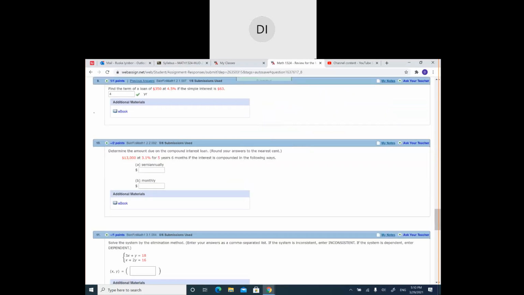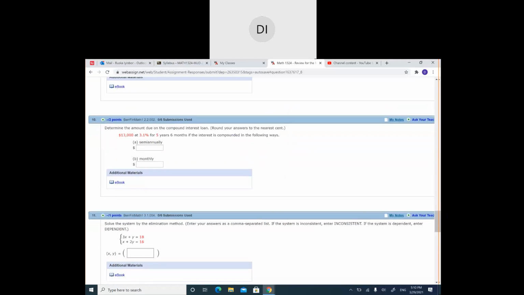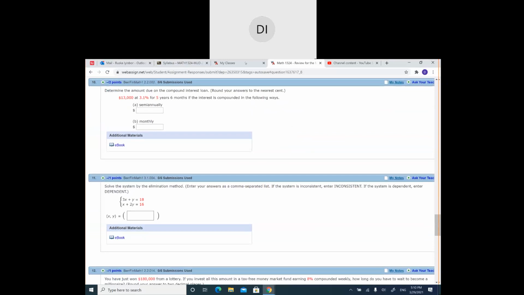Then we're going to go to number 10. We have compound interest here, number 10. And for compound interest, we have a different formula. So here the principal is 13,000.